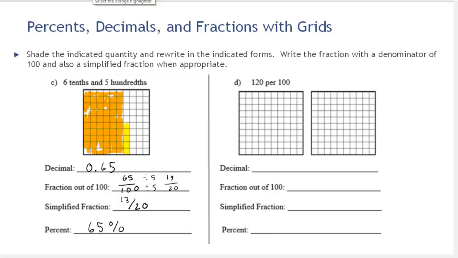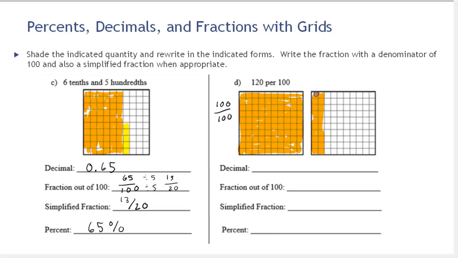So, well, 120, so that means 1 whole square is shaded. So this is 100 out of 100. Now we need 20 more. So I'm going to shade 2 more columns.